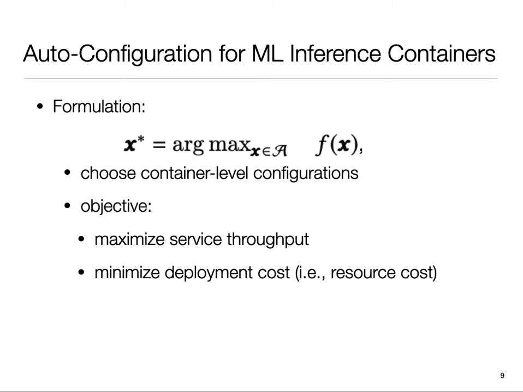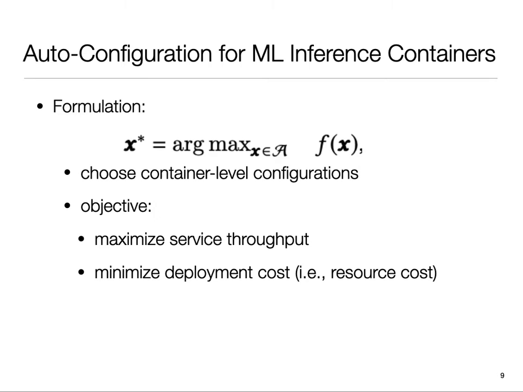To formulate this problem, given a well-trained machine learning model, the cloud operators need to find the optimal resource configuration and runtime parameters so that their container performance can be maximized and their deployment cost can be minimized. Formally, consider a configuration vector with m tunable hyperparameters.